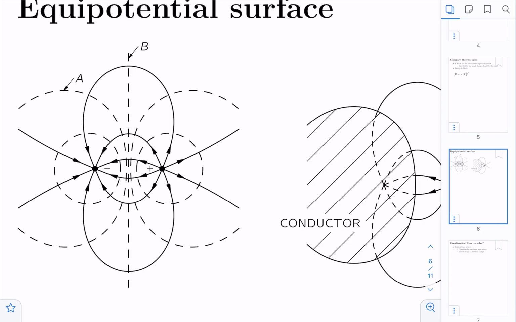And this conductor, you see that not necessarily needs to be a plane, it can be a very strange shape. As long as you can find this potential, then it works.